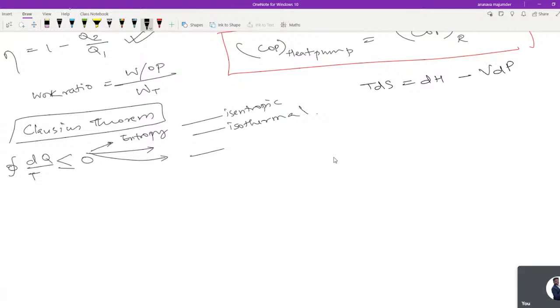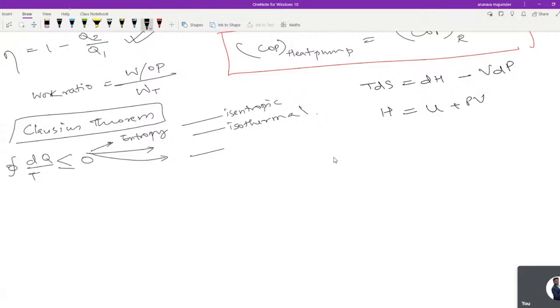Okay. So T, I hope you understand what T defines. T dS equals dH, which represents enthalpy, minus V dP. Another way we can write this is H equals U plus PV.